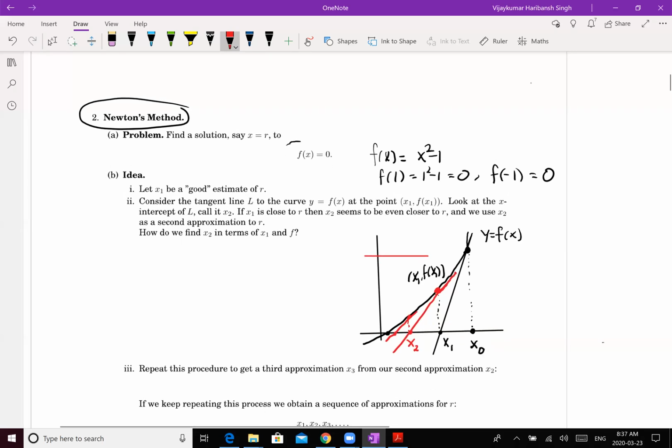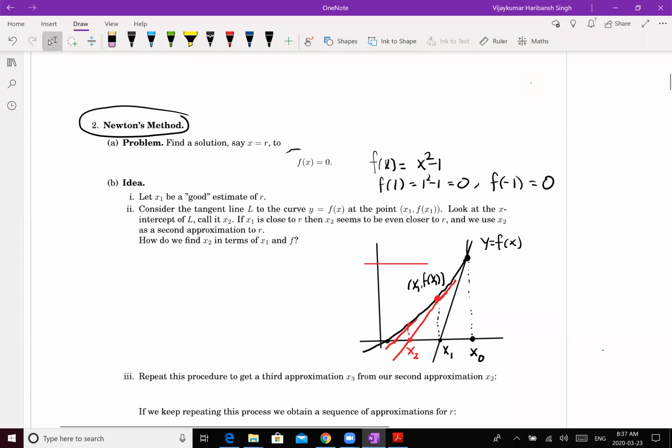All right, so let's see how you compute. You start with an x0, which is a good enough choice. And then how do you compute x1 from x0? First of all, notice that this line here is a tangent line at x0.